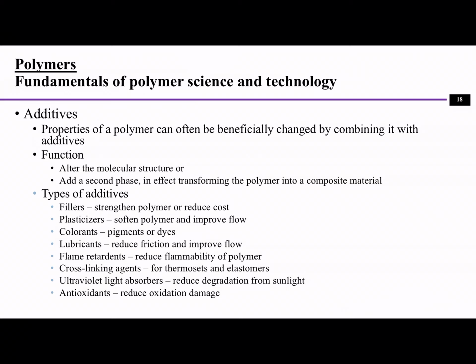When we are making different kinds of polymers, we can also use additives to modify the property of the polymer materials. The function is to alter the molecule structure or add a second phase in the structure to transform the polymer into a composite material. There are different purposes of additives.